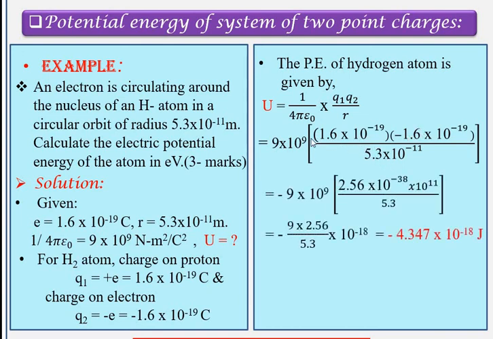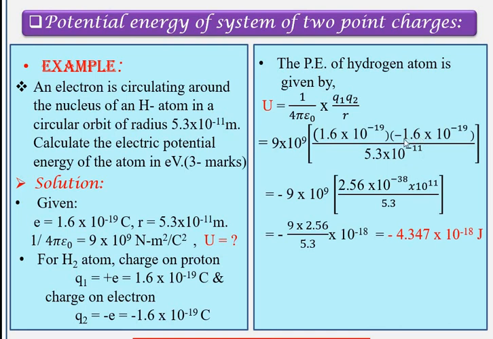Simplifying this, the product of 1.6 and minus 1.6 is minus 2.56. This minus sign is taken here. 10 raised to minus 19 times 10 raised to minus 19 becomes 10 raised to minus 38.